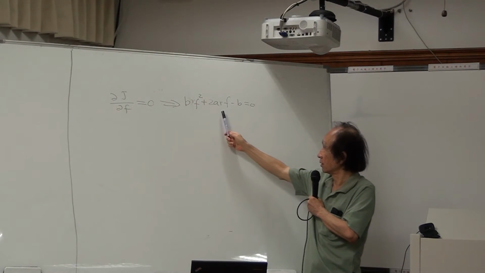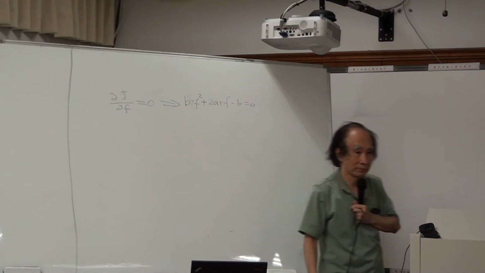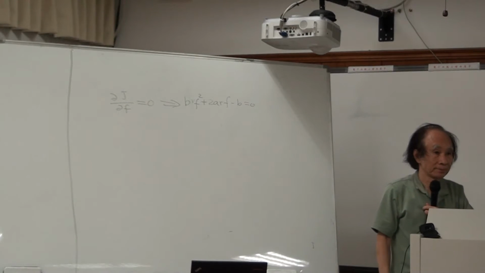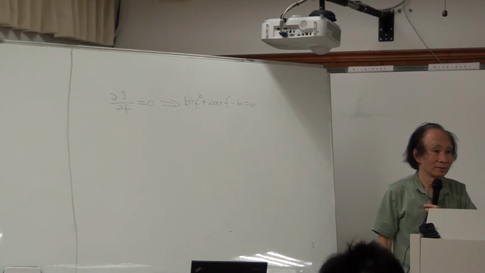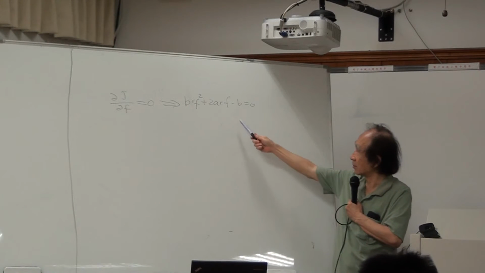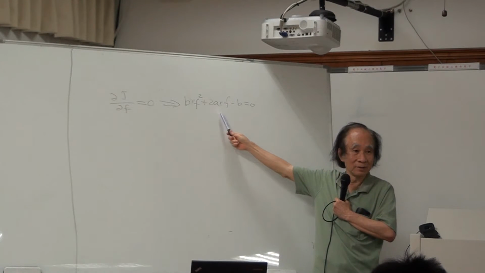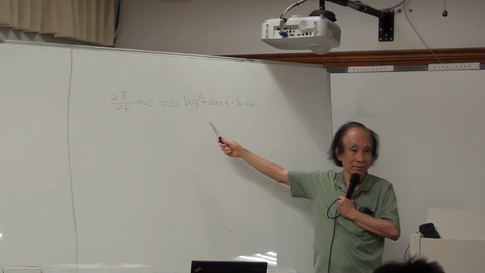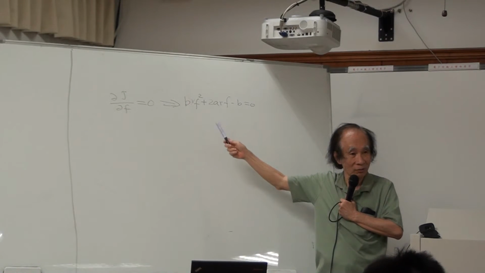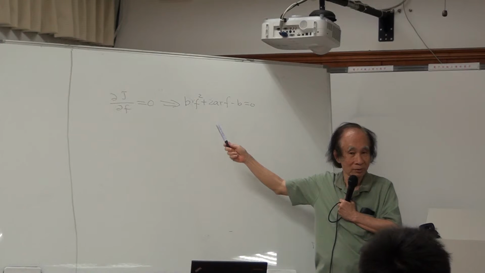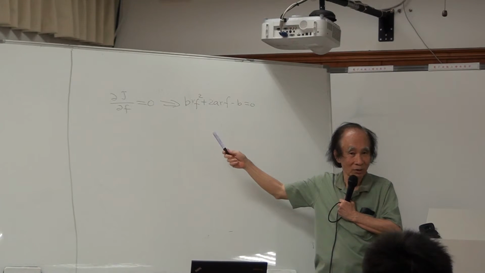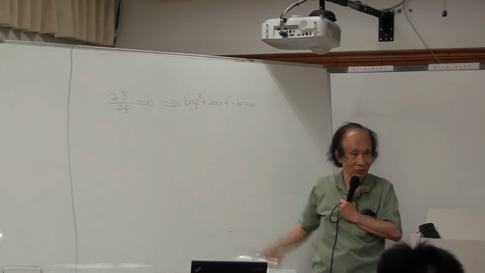Now, for these equations, how many solutions do we have for F? Two. Alright? So now the question is, are both solutions valid, or only one of them?